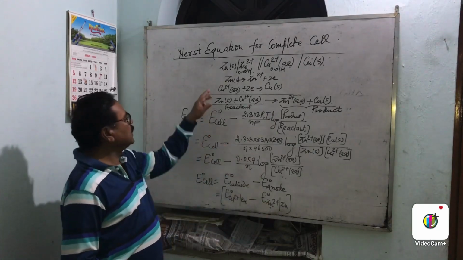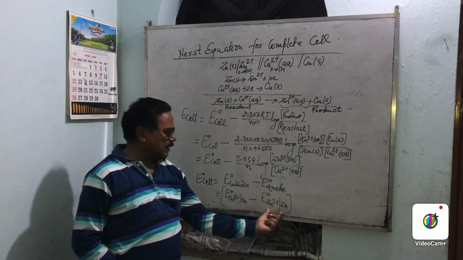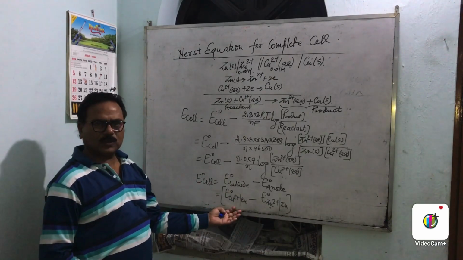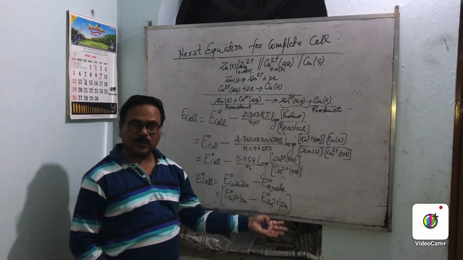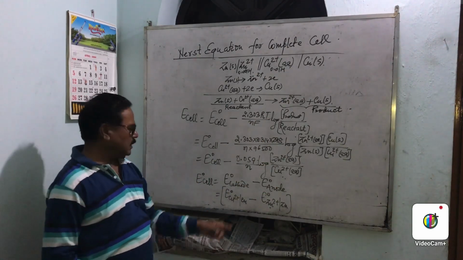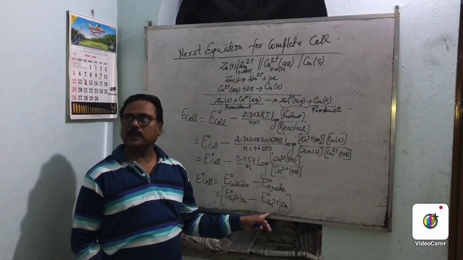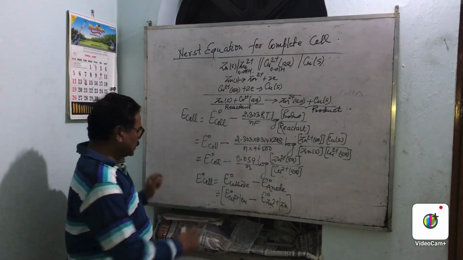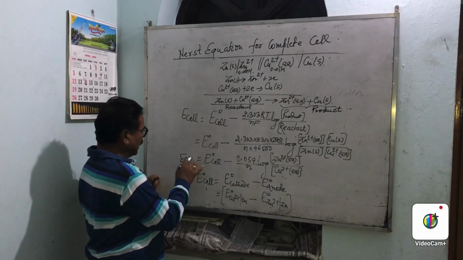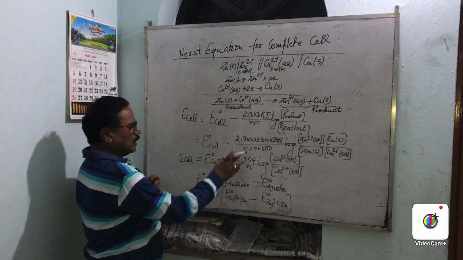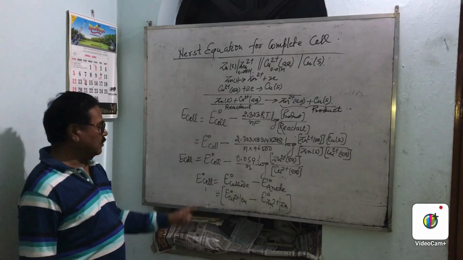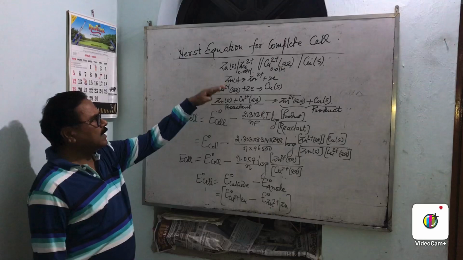Here oxidation will take place, but it is written as standard reduction potential of the right hand electrode and standard reduction potential of the left hand electrode, because in the electrochemical series the value is given in the reduced form. So E cell is calculated here. If we put the value of this potential in that equation, we are able to calculate the EMF of the cell. This is the direct way.